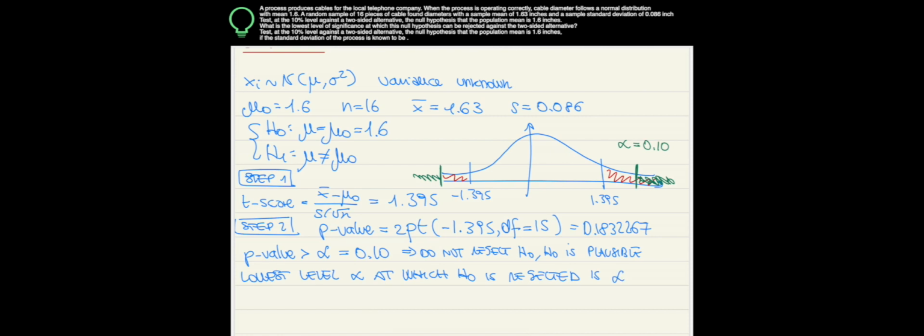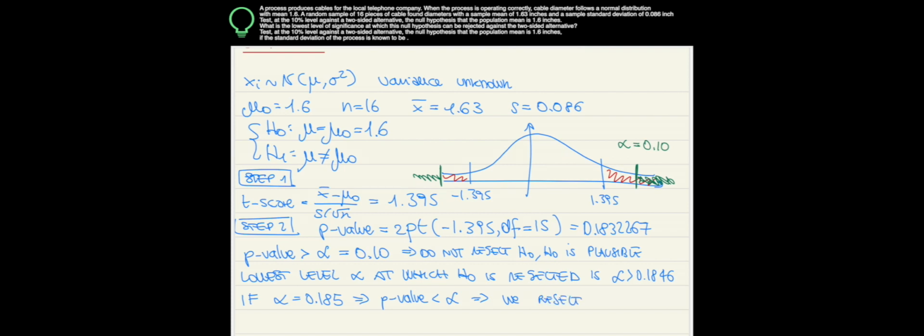So whenever alpha is greater than 0.1846. Okay, because, for example, if alpha is equal to 0.185, then the p-value will be lower than alpha, and therefore we reject.